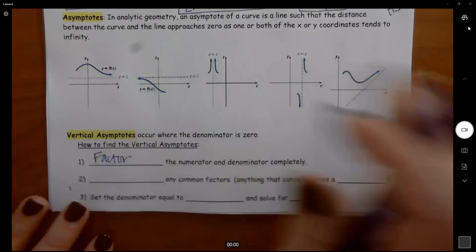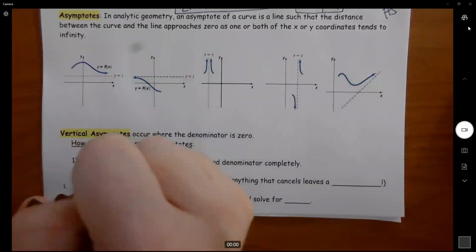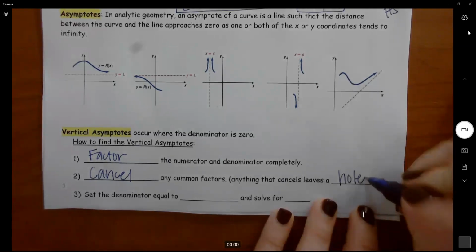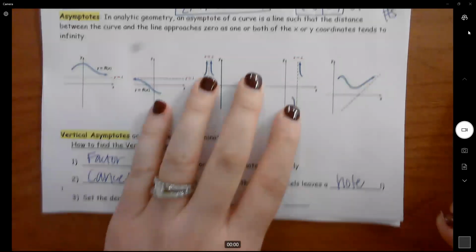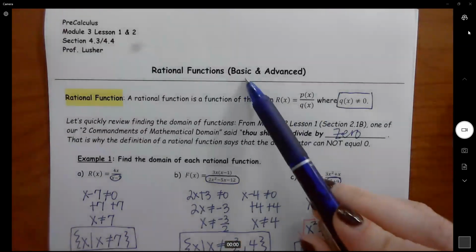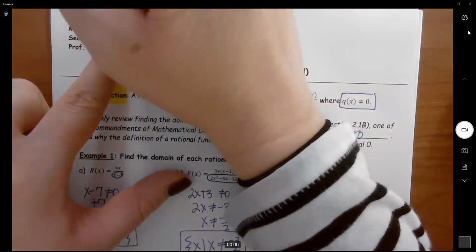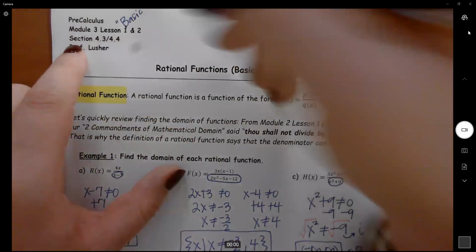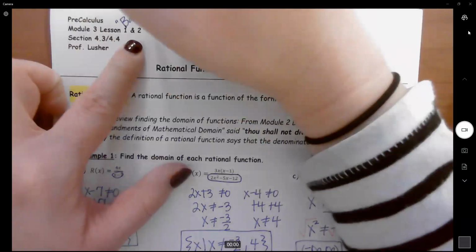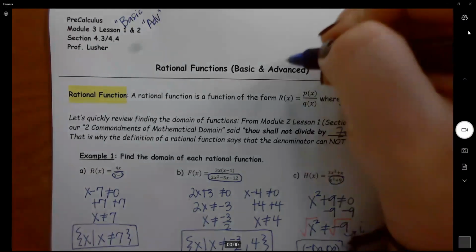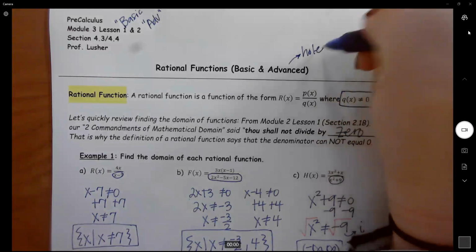Once you factor, you need to cancel any common factors, and anything that cancels is going to leave behind a hole in the graph. This lesson is over rational functions, lessons 1 and 2. Lesson 1 is your basic rational functions, while lesson 2 is your advanced rational functions, and in advanced, that's when you're going to get some holes.